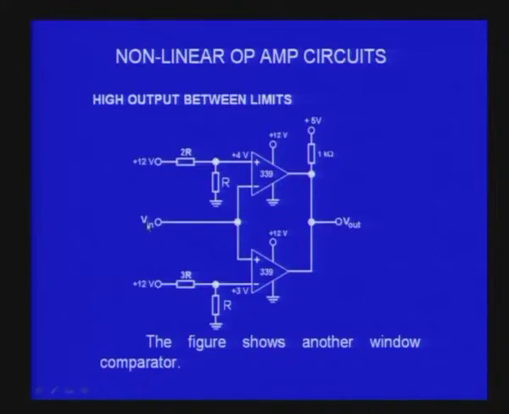Now, when I have input voltage larger than 4 volts, you would find this first op amp, this is larger than this, therefore it will be minus, and that means the output transistor will be cut off, whereas here, larger than 4 volts means this will be more, and this transistor will conduct at the output stage, and therefore again it will be 0 volts due to the pull up resistor.